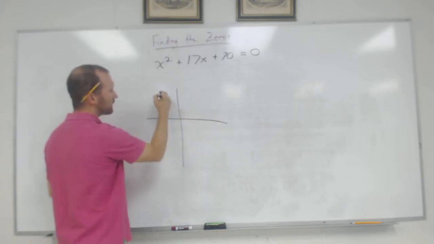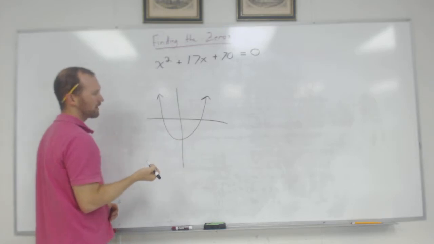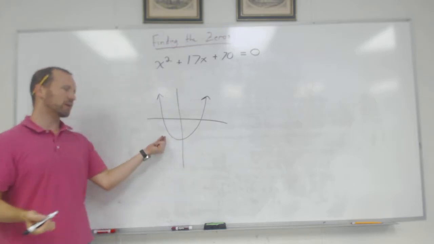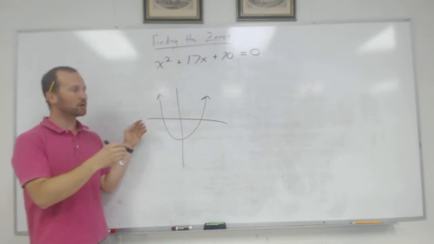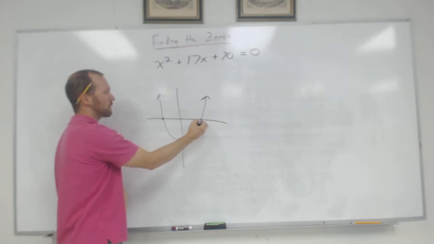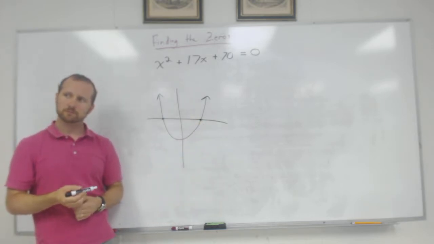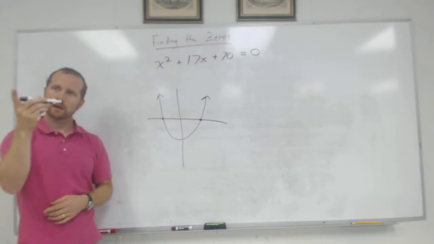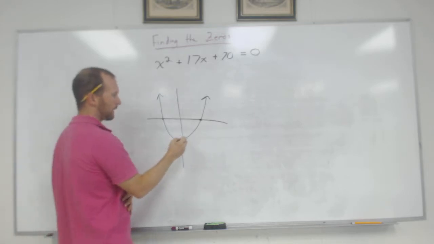Does every parabola cross the x-axis in the same way? Could you imagine moving this parabola so that it would have a different number of x-intercepts? Like this parabola right here has 2 x-intercepts. Are there any other possibilities? Okay.